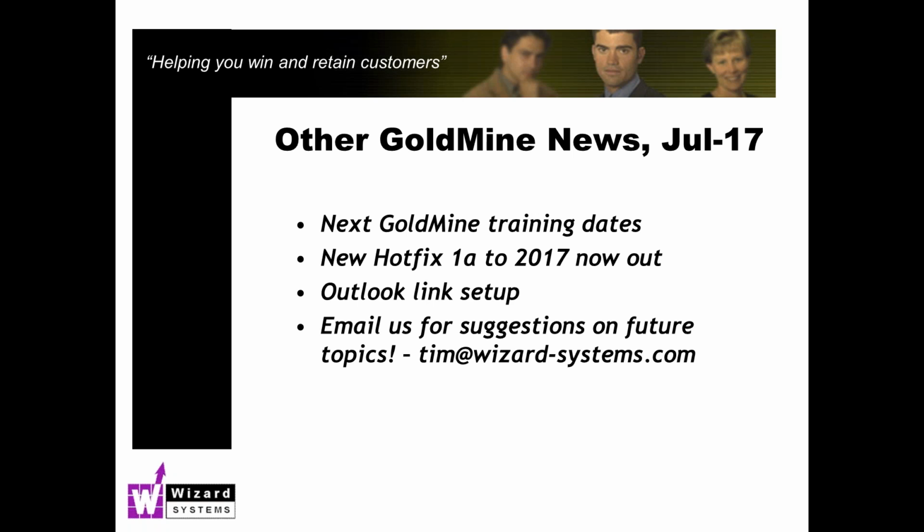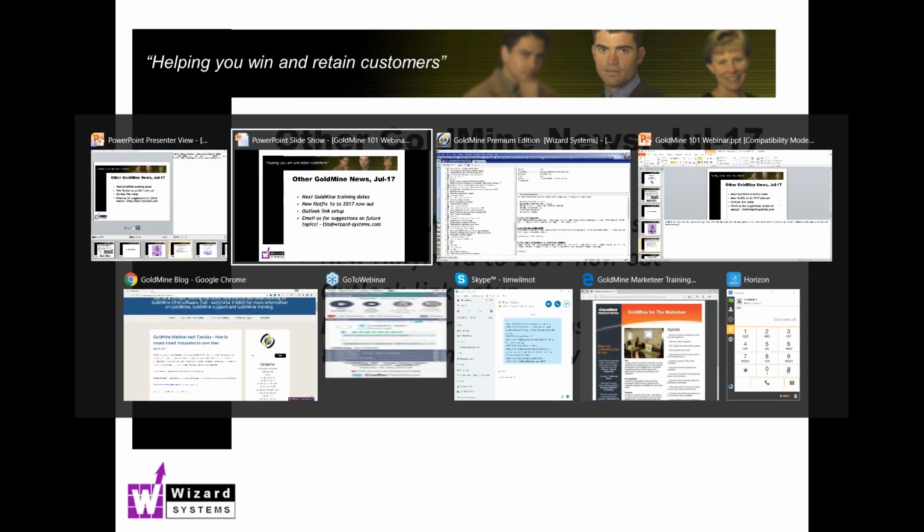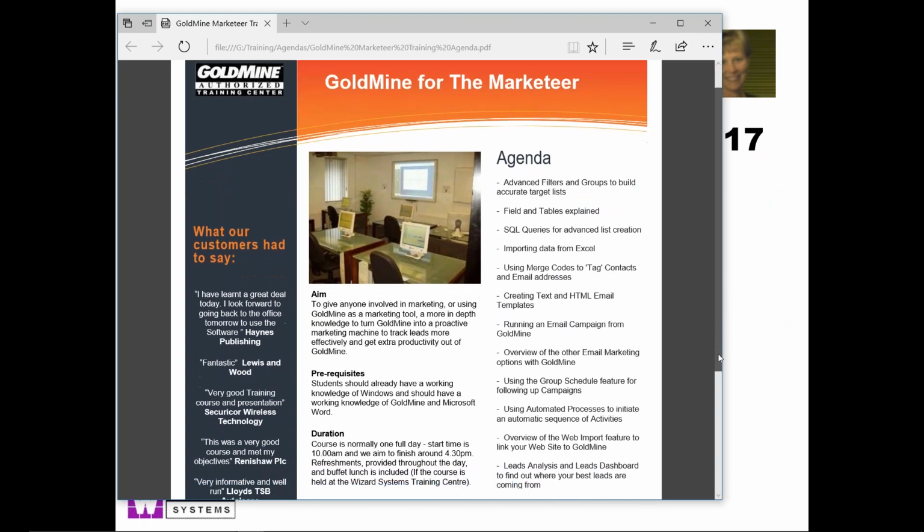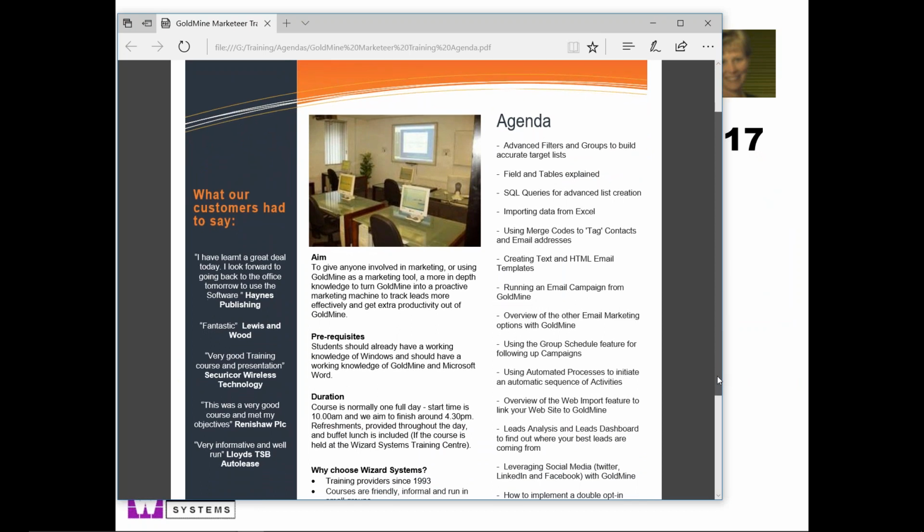So we do have a GoldMine for marketeers training course next week on Wednesday, which, if I just show you the agenda here, is ideal for any marketing people out there. This is our proposed agenda on this marketing course.